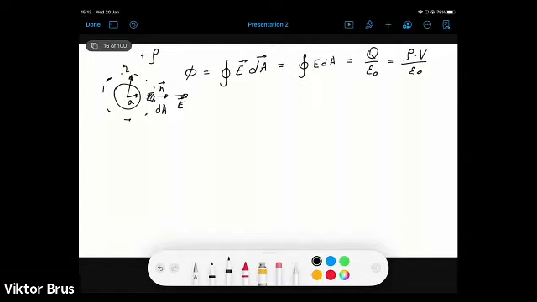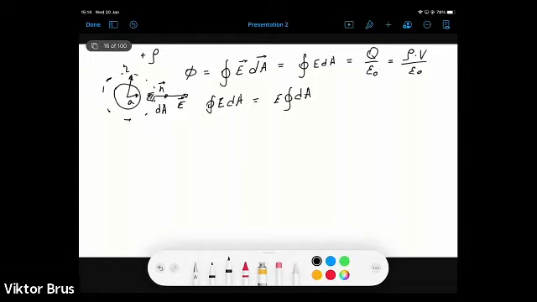So when we get this integral of E dA over the surface, we can consider the electric field constant and take it out from the integral. So it will be E times the integral over the surface of dA. And the integral over the surface will give us the surface area of the spherical charge with radius a.